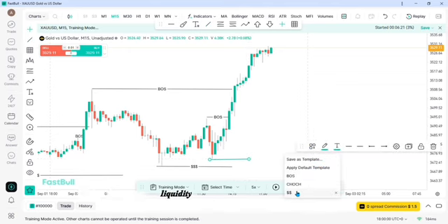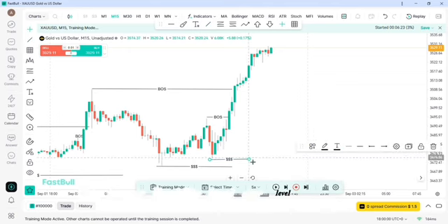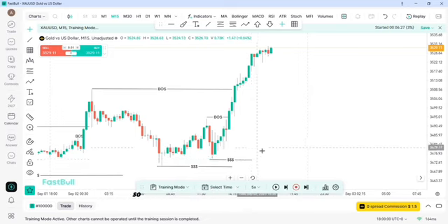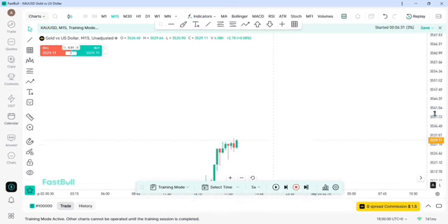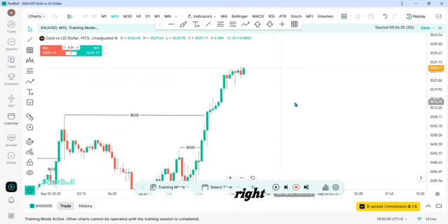This is our liquidity level. Our level of liquidity. So let's see how price reacted, how price will react to this level right here.